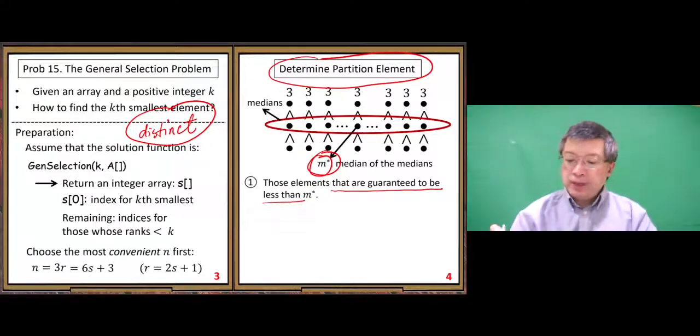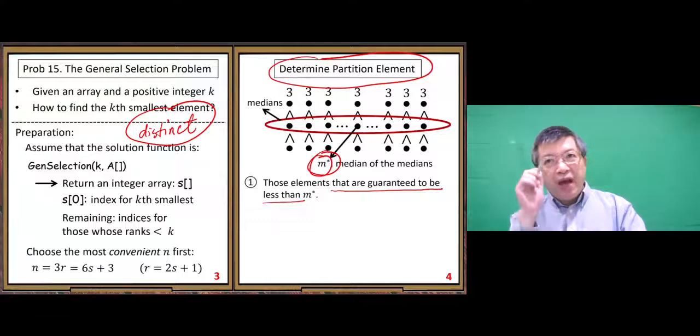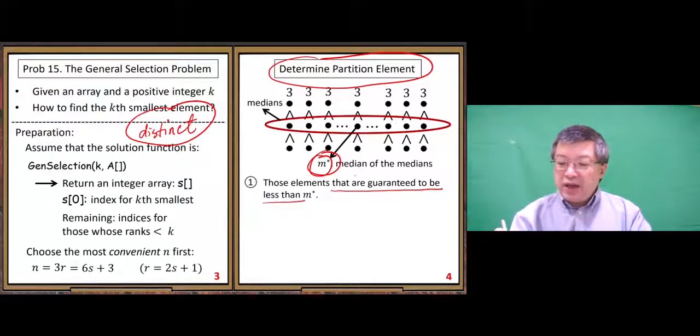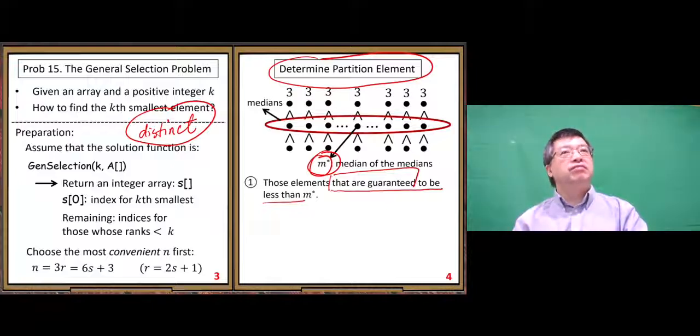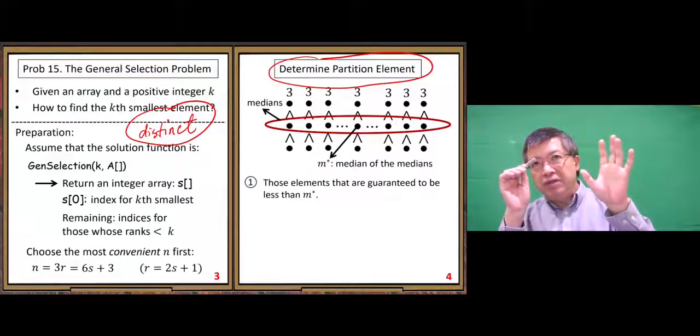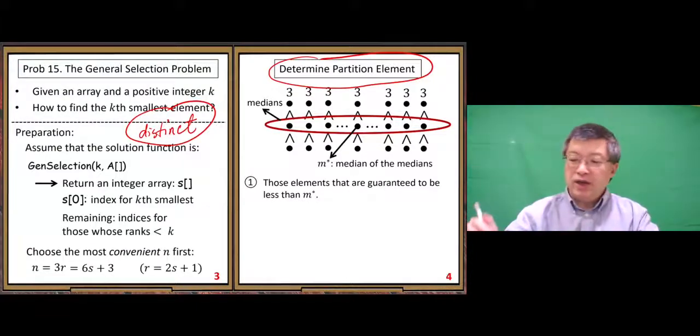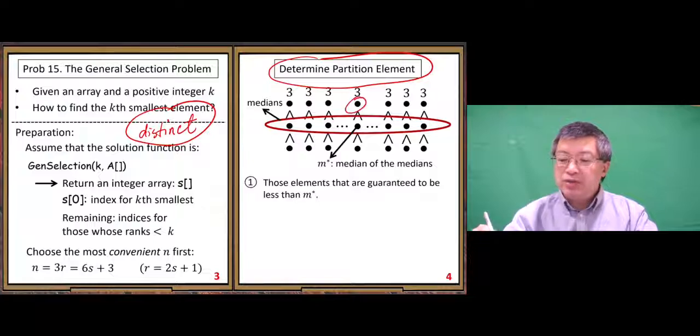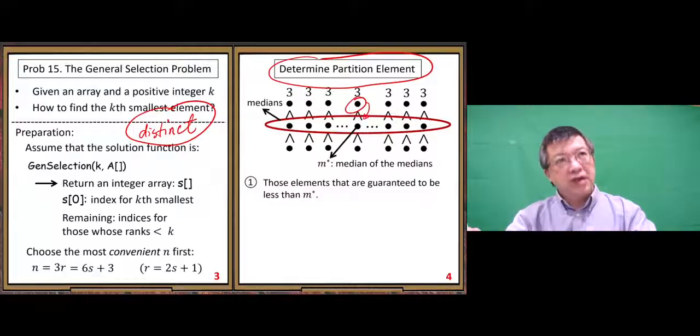All right. Can you see what are those elements that are guaranteed less than M star? Here, so let me choose some of those elements in our diagram. Because this is M star, is this guaranteed to be less than M star?